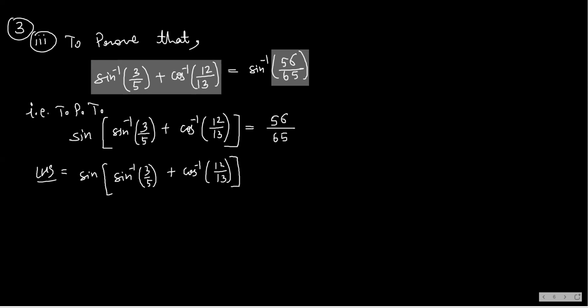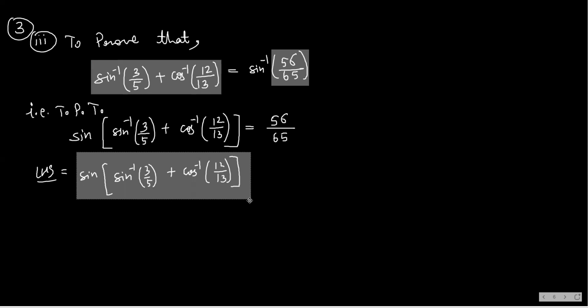Now look at this. What form is it in? It is in the form sine of a plus b. And you all know what sine of a plus b is equal to.